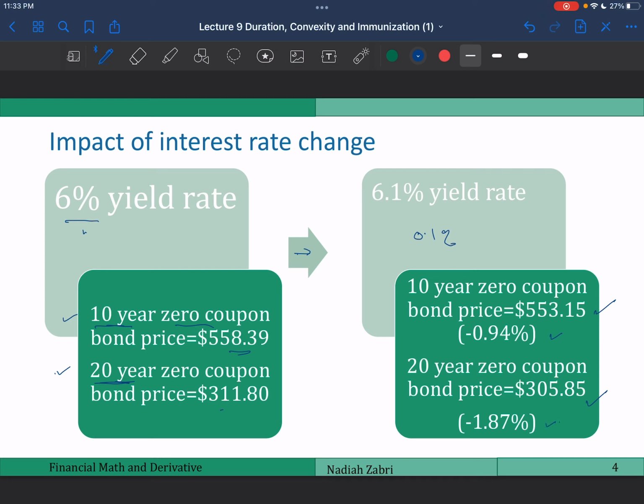So the percentage change is a lot higher for the 20-year zero coupon bond. This means to show that the price sensitivity of an asset with a higher duration is going to be higher. So they are more price sensitive. So price sensitivity is dependent on the duration.